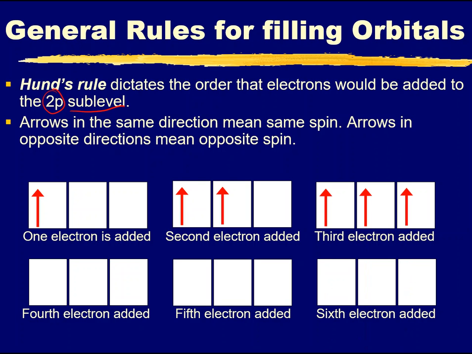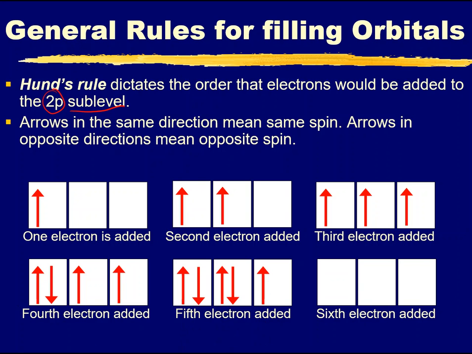We add a third electron to the boxes here. This is how it would look: 1, 2, 3, all pointing up. They're all spinning clockwise here. Now, if we have to add a fourth electron, this is what you're going to see. That is when you start pairing them up and they spin in the opposite direction. So now we've got to make sure that we're spinning them correctly for the Pauli exclusion principle and that we're only putting 2 electrons in that particular box.